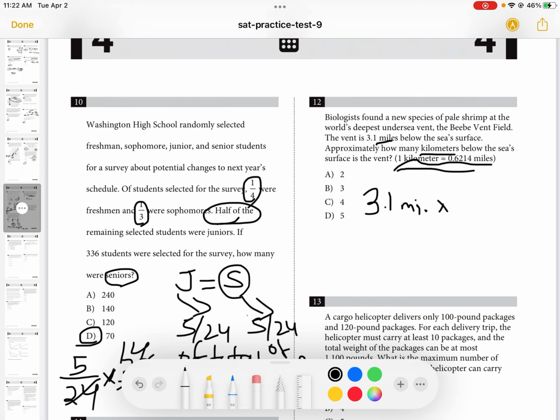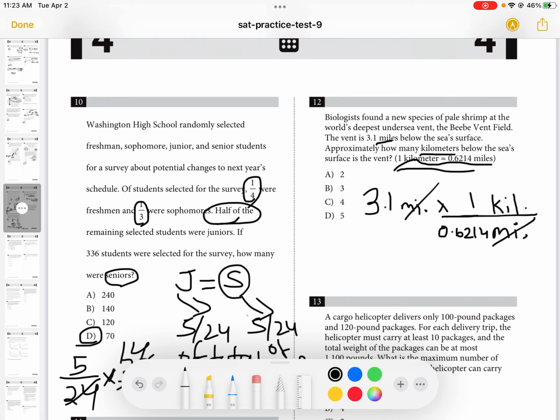3.1 miles times, we want the miles to cancel, so we'll put the miles at the bottom. So, and we're given 1 kilometer is equal to 0.6214 miles. Let me write that a bit better. 0.6214. Alright, that's our conversion factor.